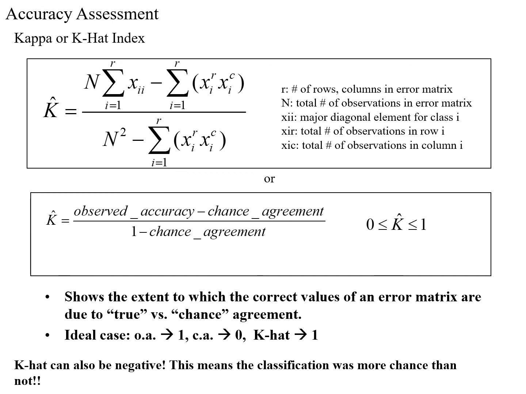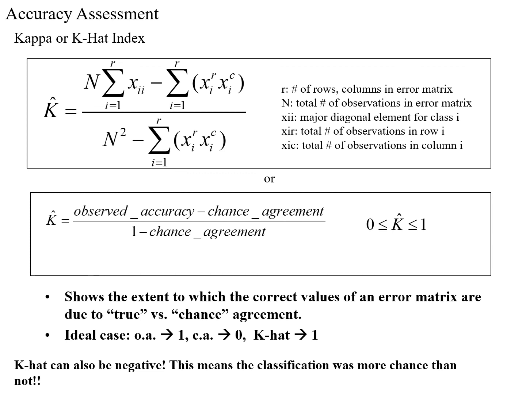And this shows the extent to which the correct values of the error matrix are due to true or chance agreement. Okay, so in an ideal case, OA, the observed accuracy goes to 1, the chance agreement goes to 0, because you have a lot of classes, and the k-hat therefore goes to 1.